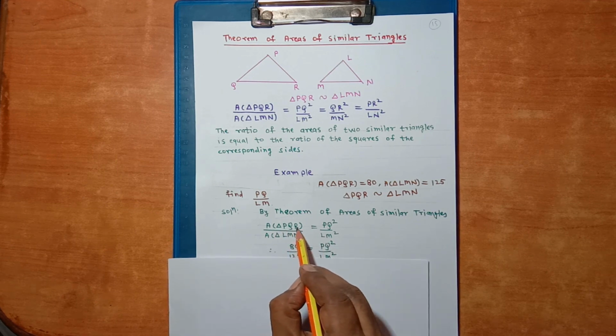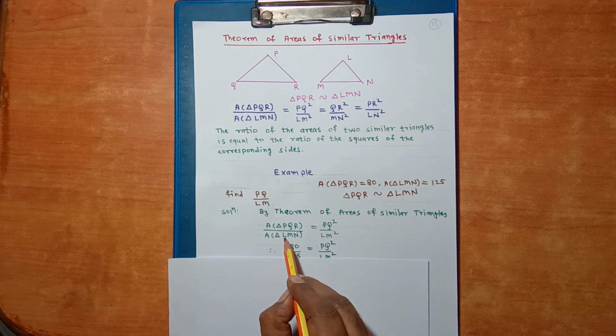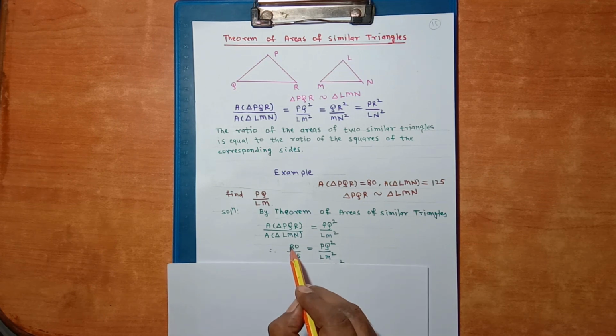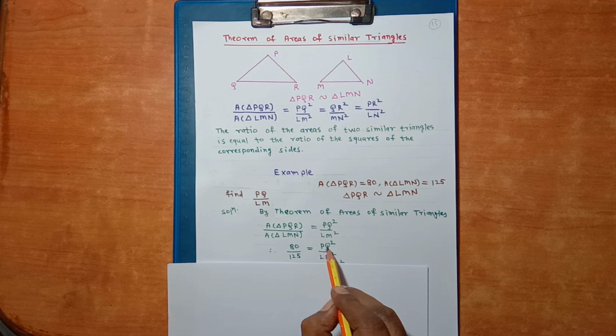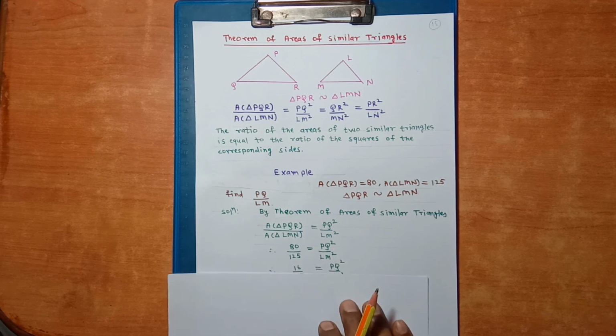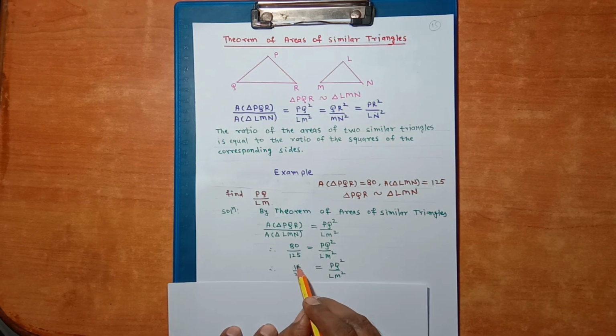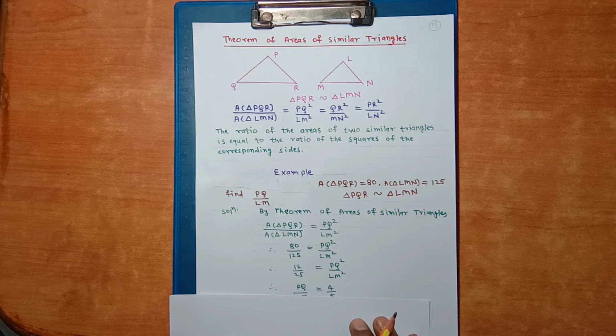After substituting the values we get 80 upon 125 is equal to PQ square upon LM square. After simplifying we get 16 upon 25 is equal to PQ square upon LM square. After taking square root from both the sides we get PQ upon LM is equal to 4 upon 5.